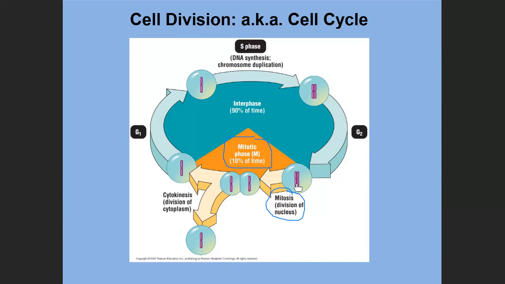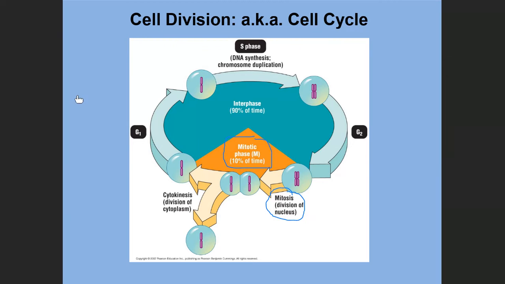It's arranging them so that the sister chromatids can be separated, ensuring that the nucleus of each daughter cell has the same identical copies of DNA that the parent cell had.